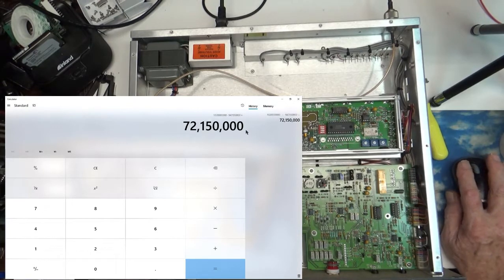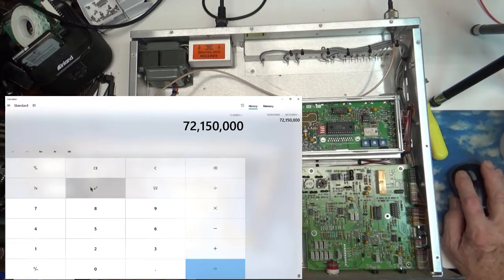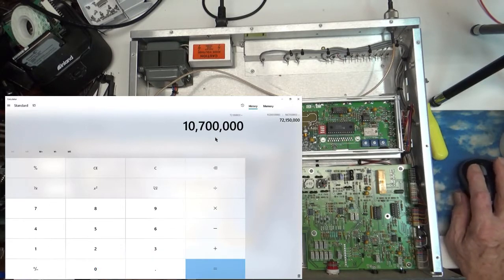Can you think of what you need on a receiver that you don't have on a transmitter? If you said IF, you're right. You have to add back in your 10.7 megahertz IF, because it's going to subtract it in the mix down.